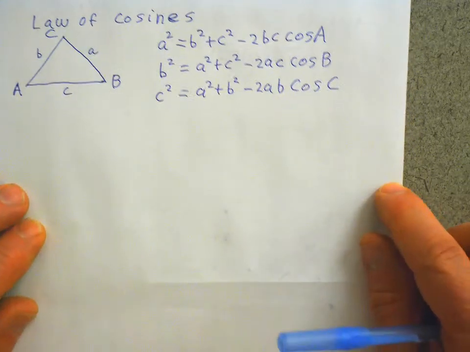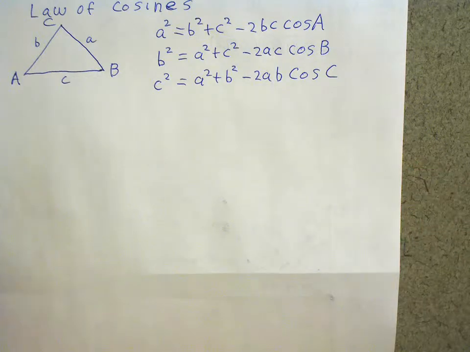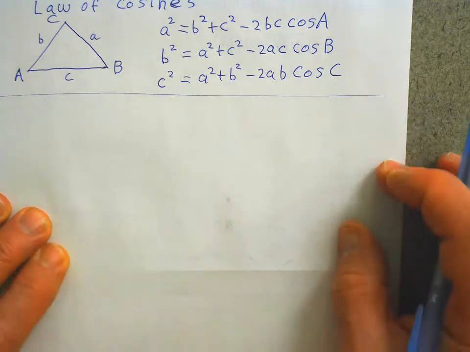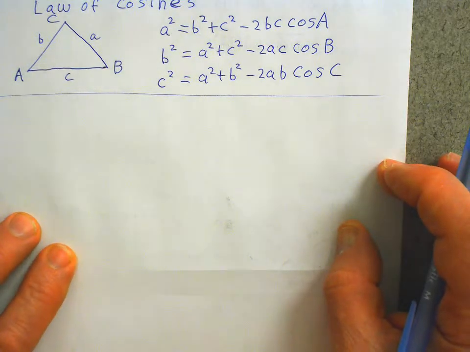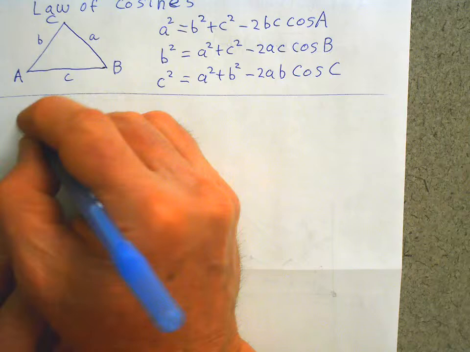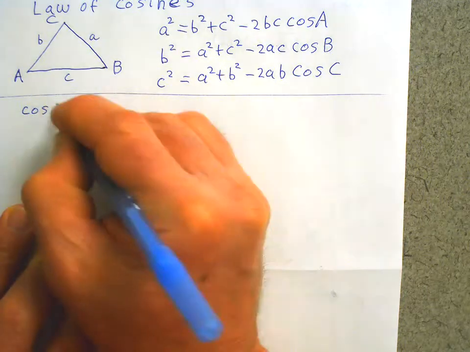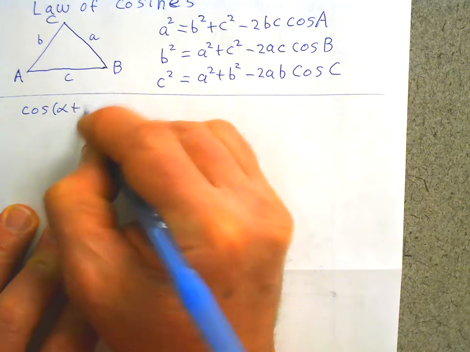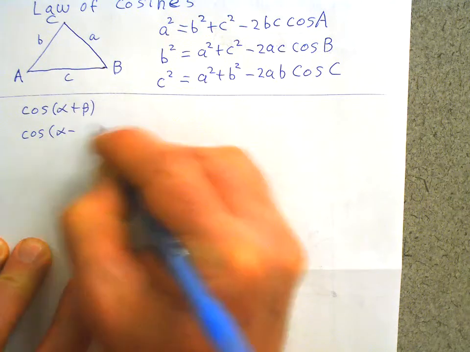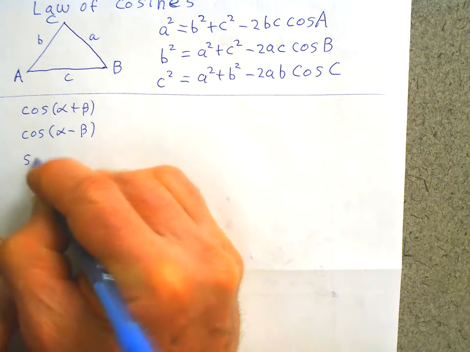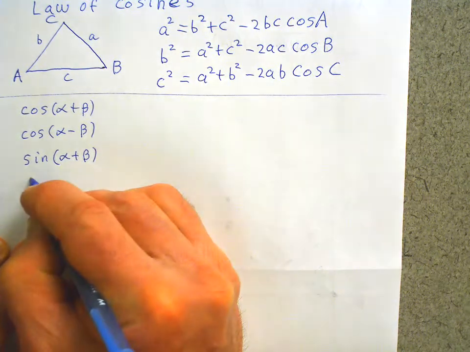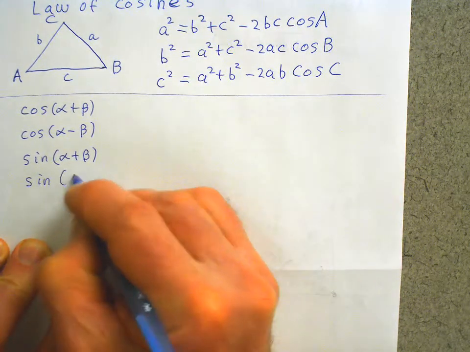So since we have a few minutes, why not review some of the trigonometric formulas? So if you remember, cosine of alpha plus beta, cosine of alpha minus beta, sine of alpha plus beta, and sine of alpha minus beta.